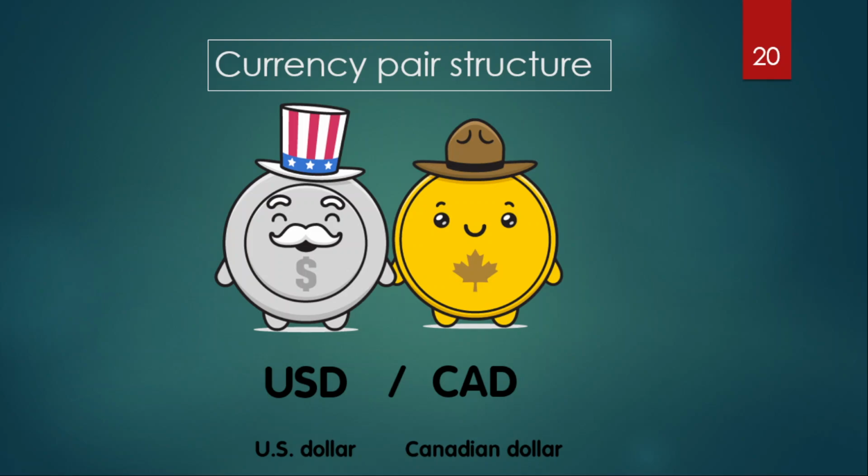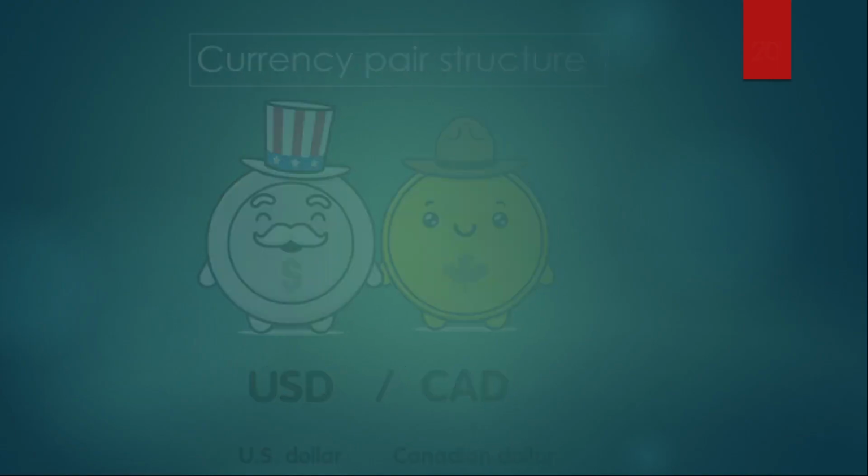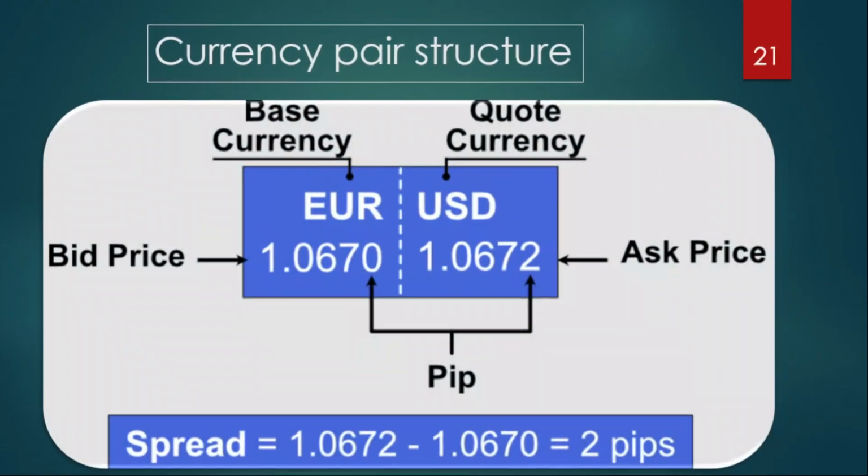So the first currency, which is the US dollar, is called the base currency. And the second currency is called the quote currency.